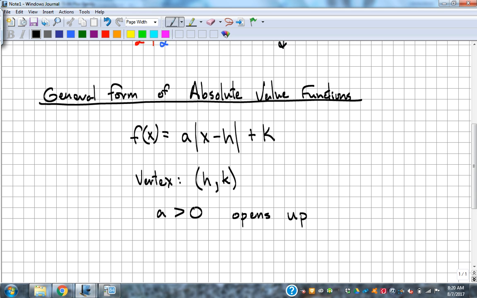That means it's going to open up. So it's going to look like that. It's a V opening up if a is positive. If a is negative, it opens down. Yeah, that V shape opening down based on that.